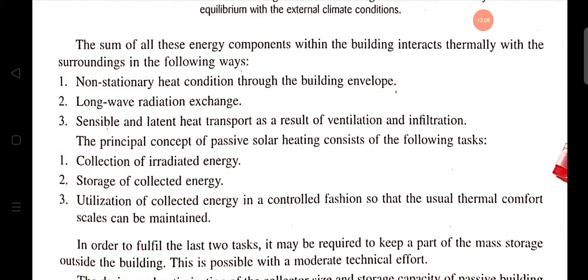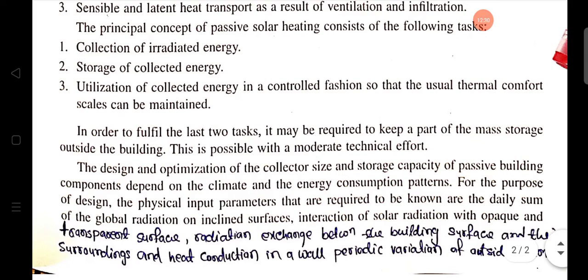How much we need, we use that much. By this process we can maintain the heat inside our building.